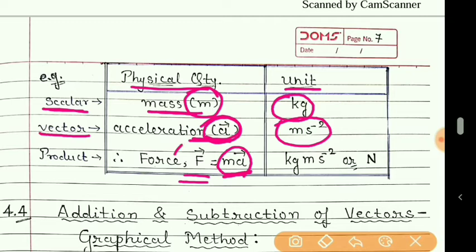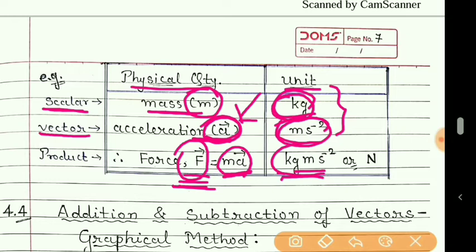So you can see even force is a vector quantity because acceleration is a vector quantity. So the result obtained is a vector quantity, and what is the unit? The unit is a combination of both, that is kg meter per second square. So the unit changes, and this kg meter per second square can be written in short as N for Newton, because the unit of force is Newton.